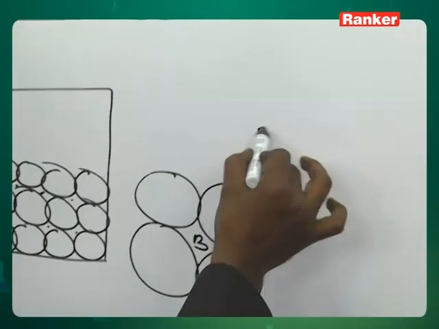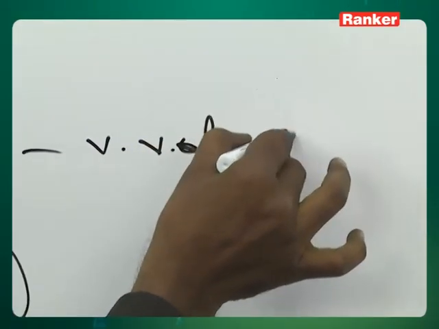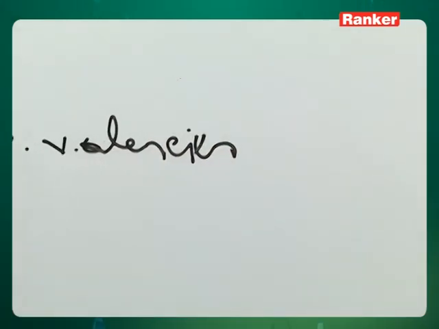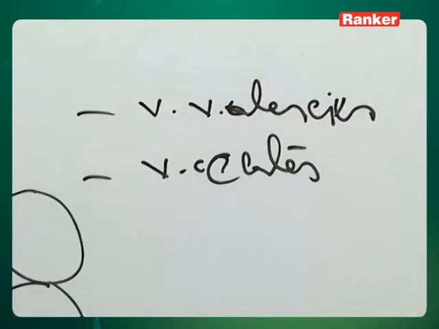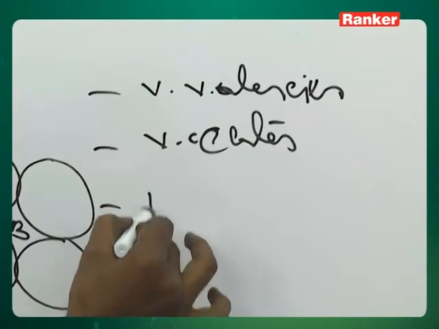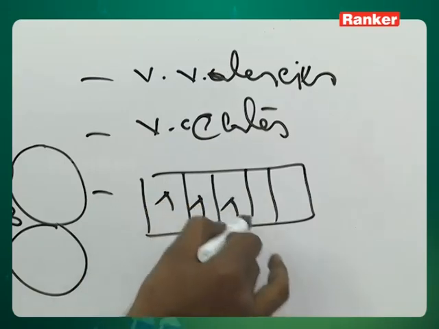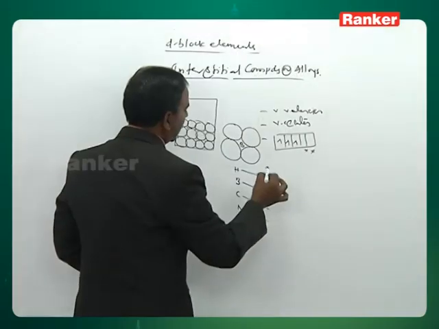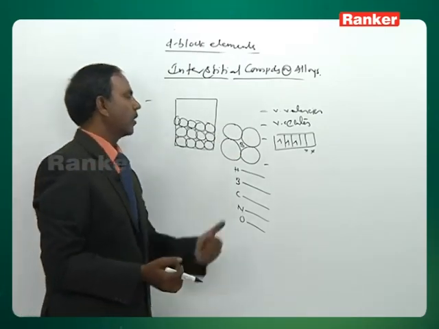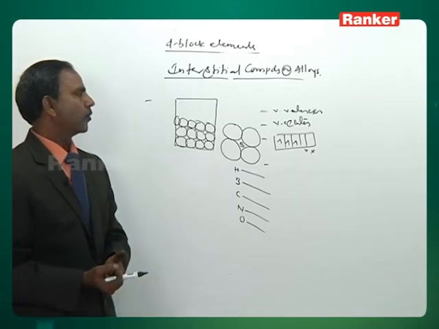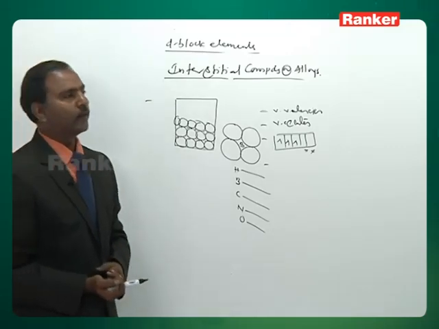Due to more or less the same reasons: presence of variable valencies or variable oxidation states, and again incompletely filled d orbitals and unpaired electrons. These are the reasons why d block elements easily form interstitial compounds.